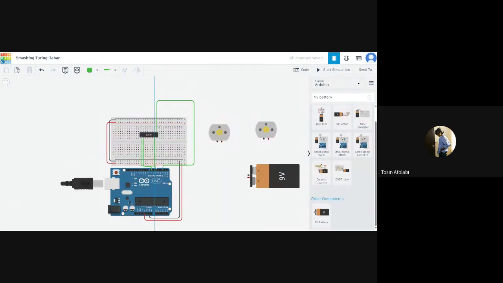So this will go to pin 6. Then Q3 to 4. Why did Q3 go to that? Input one.